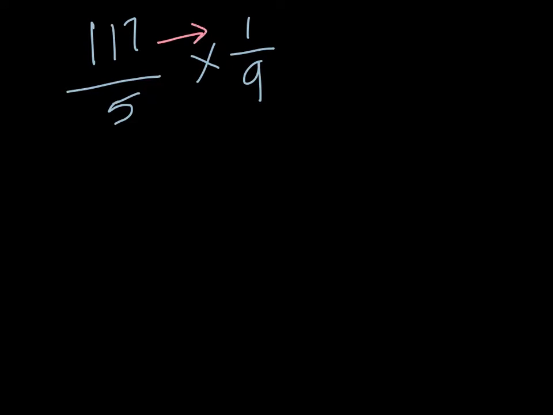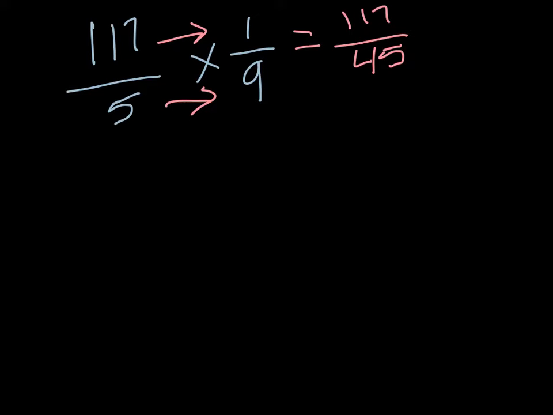I want to go ahead and keep working number 6 with you. That was 117 over 5 times 1 over 9. And we said do top times top and bottom times bottom. 117 times 1, 117. 5 times 9 is 45.